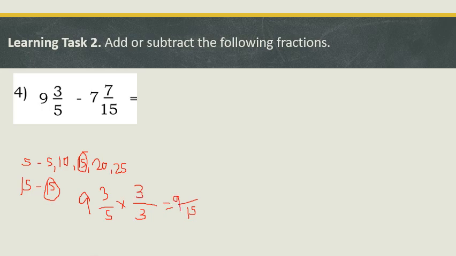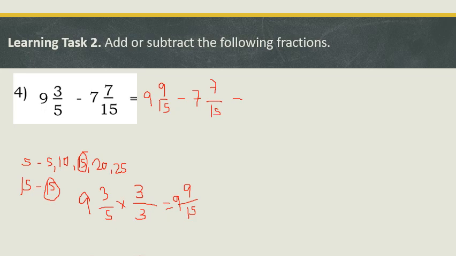So, 3 times 3 is 9. So, kaya yung 9 and 3/5 magiging 9 and 9/15. Minus, so pansin nyo naman, 15 ang denominator. 15 na yung denominator nito, yung LCD natin. So, kopyahin na lang natin siya. Kasi pareho ng 15 din yun.